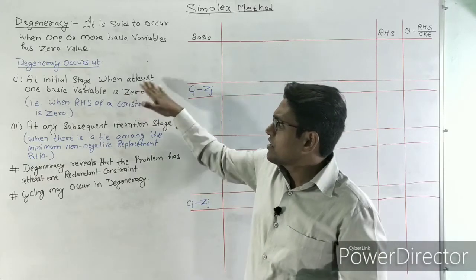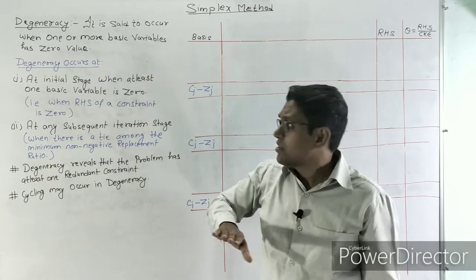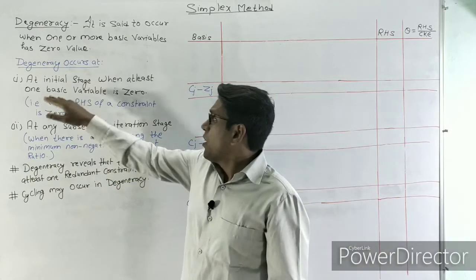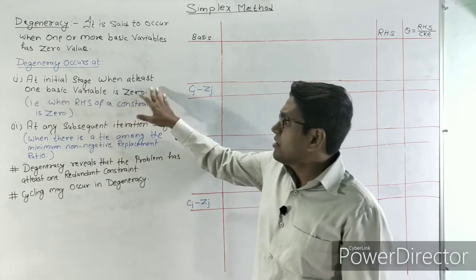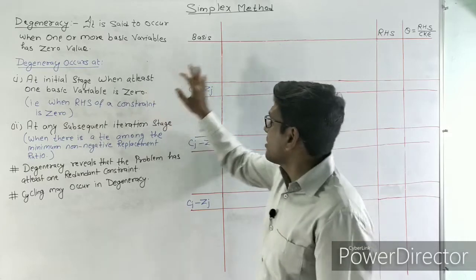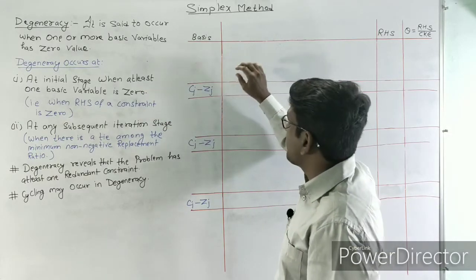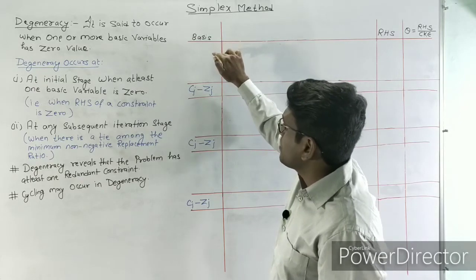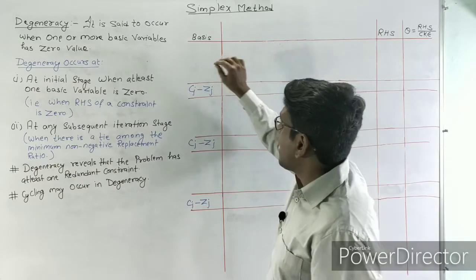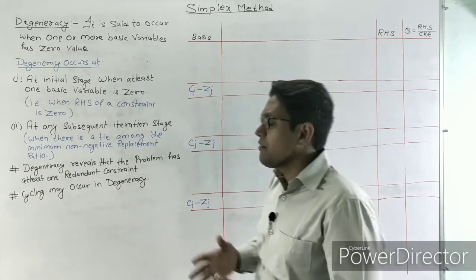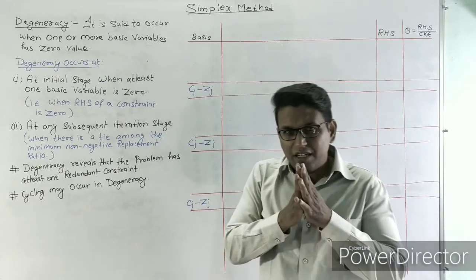At the initial stage, the degeneracy occurs when at least one basic variable is 0. That means in the initial basic feasible solution, that is in the first matrix, if at least one of the basic variables has a 0 value, then our solution is said to be degenerate.